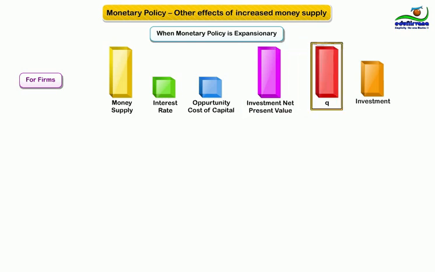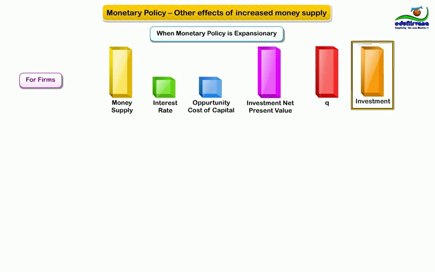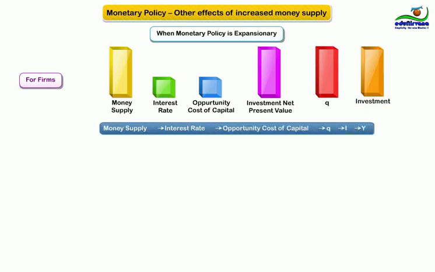This will lead to a higher Q, and thus higher investment spending I leads to the following transmission mechanism of monetary policy. As money supply increases, interest rate and opportunity cost of capital for firm decreases. In result, Q increases. Similarly, investment increases and also aggregate output increases.